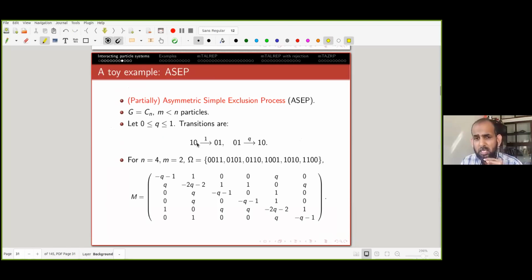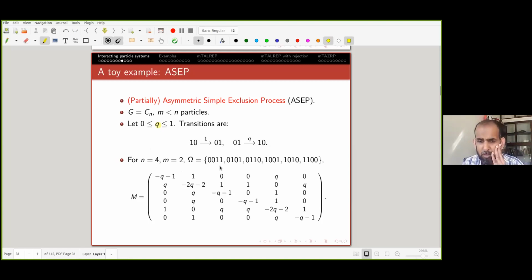Whenever a particle is followed by a vacancy, the particle can move clockwise with rate 1. And if the particle is preceded by a vacancy, it will move there with rate q, where q you think of as a parameter. It makes sense to have q less than or equal to 1, but it's not important.